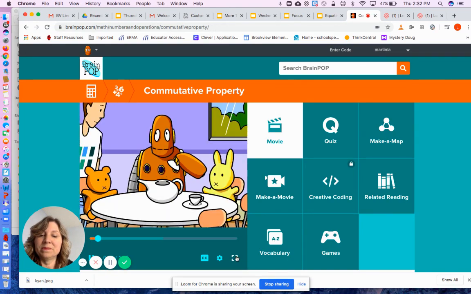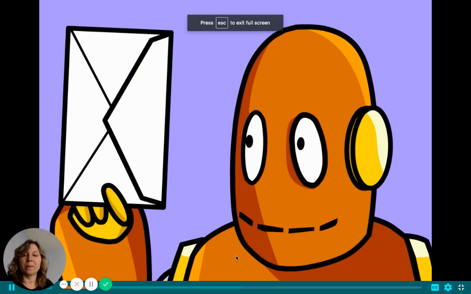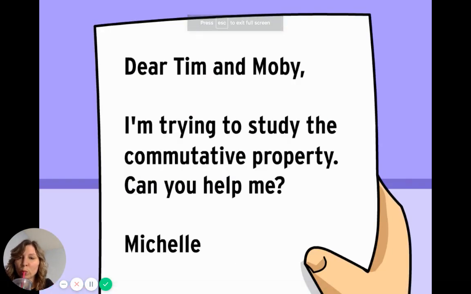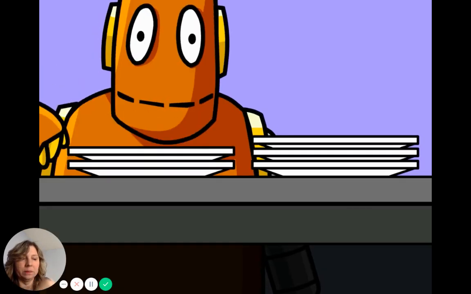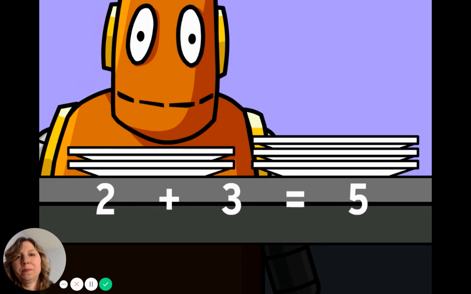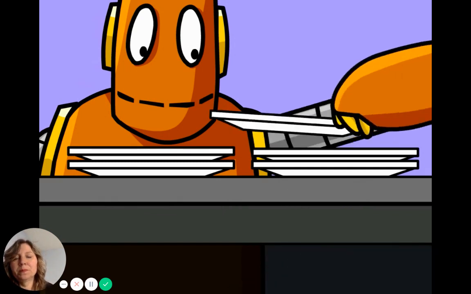Hey Moby, what you doing? Dear Tim and Moby, I'm trying to study the commutative property. Can you help me? From Michelle. Sure, the commutative property is a rule about how we can add and multiply things together. For example, 2 plates plus 3 plates equals 5 plates.